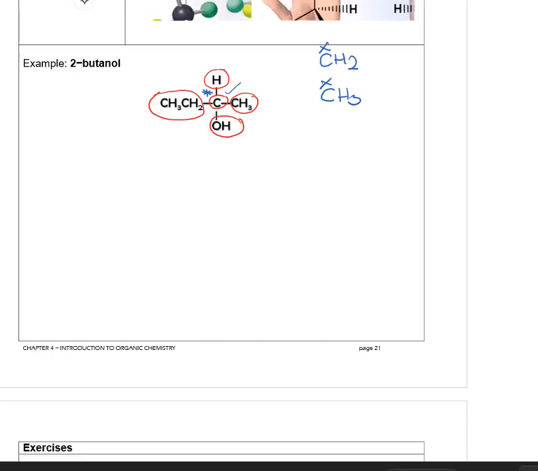Okay, so that carbon, kita akan draw dalam 3D lah. Okay, so this is the first compound. Okay, so dia ada chirality center dekat sini.